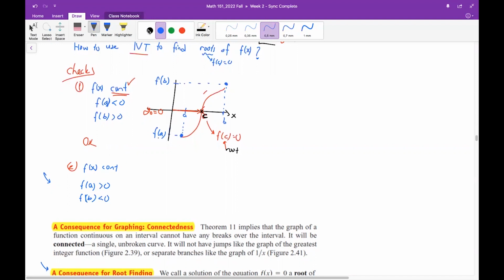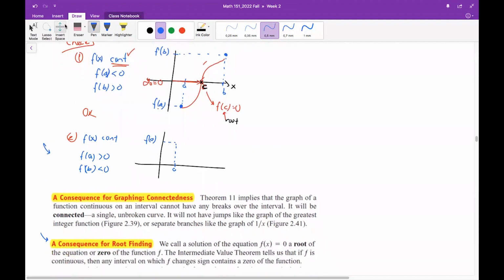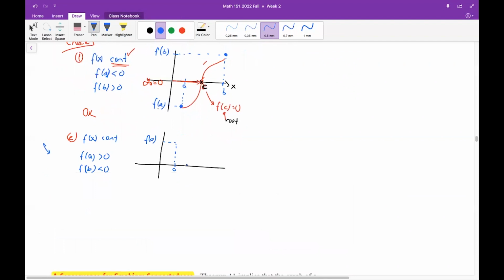Then what happens? Okay, let me draw a similar graph again. This time, what did we say? We say that the image of a is a positive value. It was negative here, be careful. And let's choose the point b somewhere here. And the image of b is negative this time.